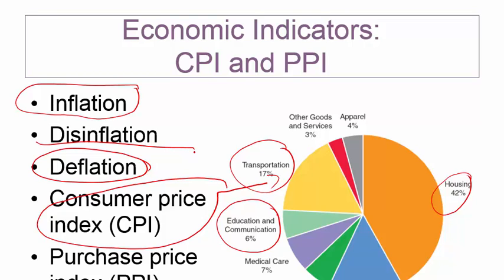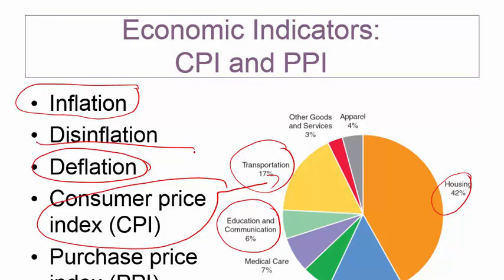So if inflation was a 2% increase in year 1, and then it's a 1% increase in year 2, we still have inflation because it's still increasing, but the rate of increase has slowed down, hasn't it? So they call that disinflation. If we have an actual reduction in the price levels, then that's considered deflation.